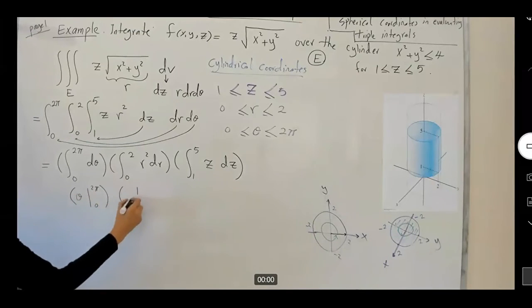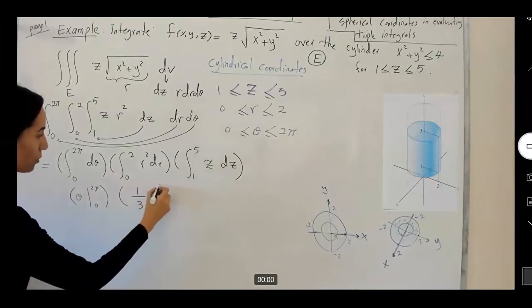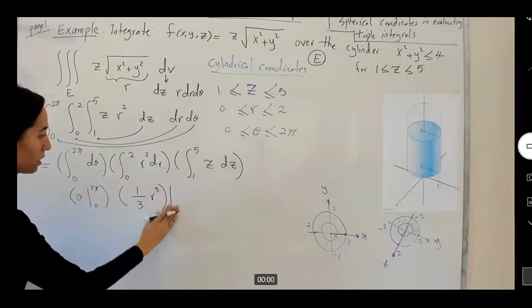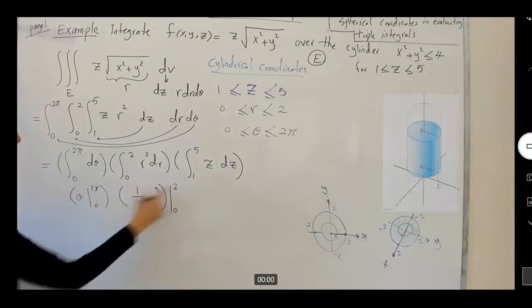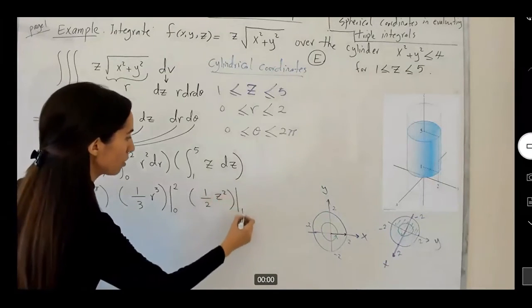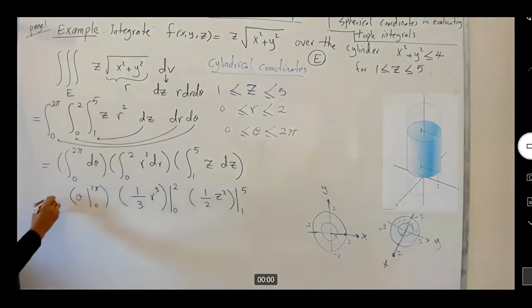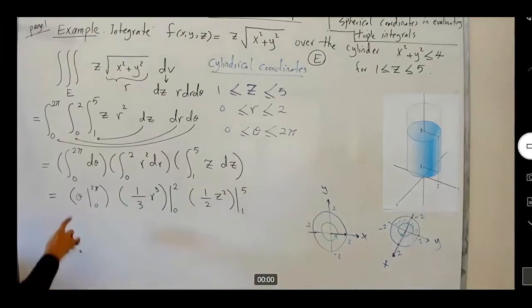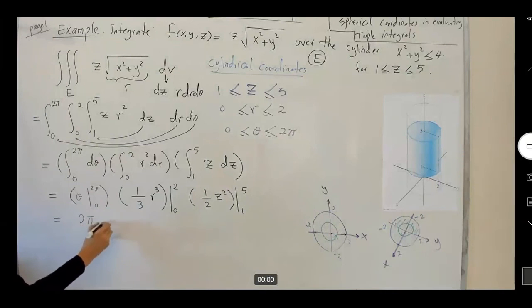The second one is a third, r cubed, r bounded between 0 and 2, and for z, you have a half, z squared, from 1 to 5. So the theta integral is just 2 pi minus 0.